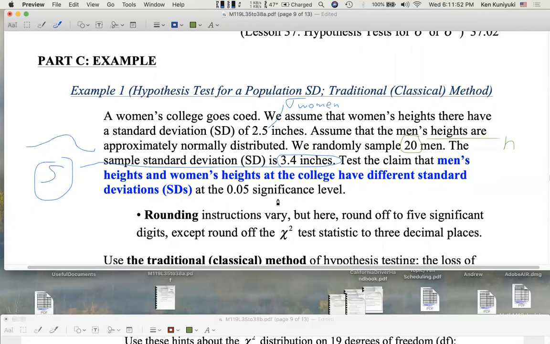So that's one reason why we might prefer standard deviation in general, because it has quote-unquote normal units. It is true we might deal with variances sometimes, but one drawback to variances is that the units are often meaningless. Okay, test the claim that men's heights and women's heights at the college have different standard deviations at the 0.05 significance level.